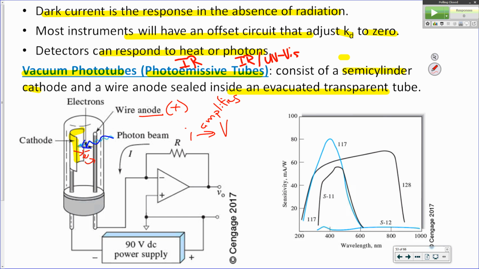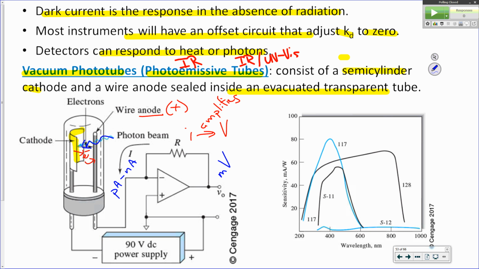The current flow going across this detector is going to be picoamps to nanoamps, 10 to the minus 12th to 10 to the minus 9th amperes, which would be very, very hard to measure. You can multiply it by 1,000,000 times with an operational amplifier, and you can get a signal out of this that's millivolts, which is easy to read.